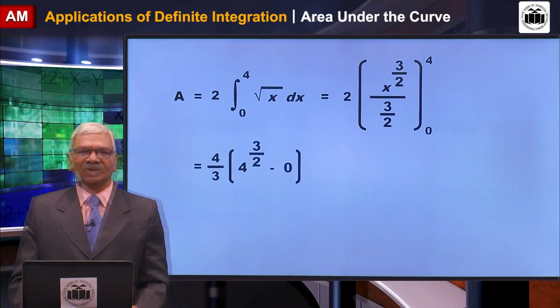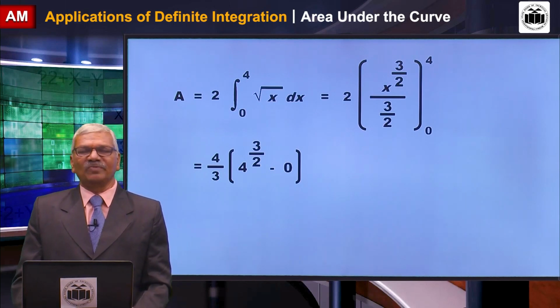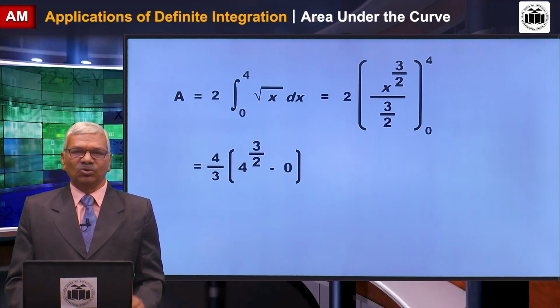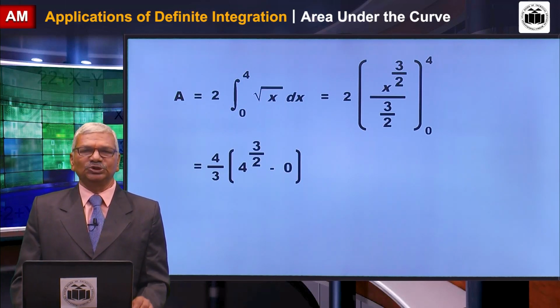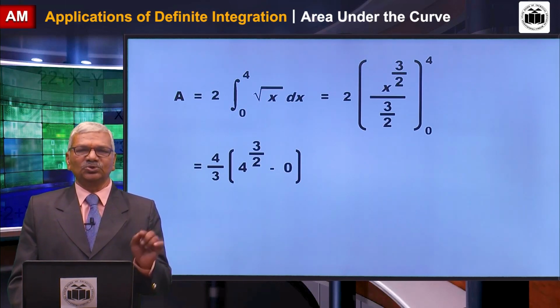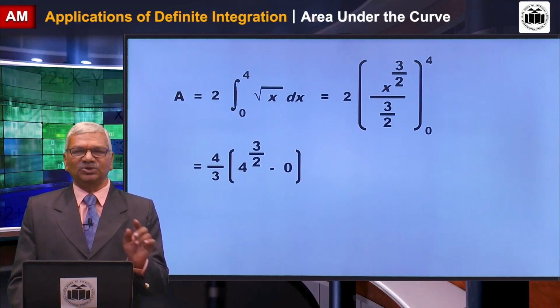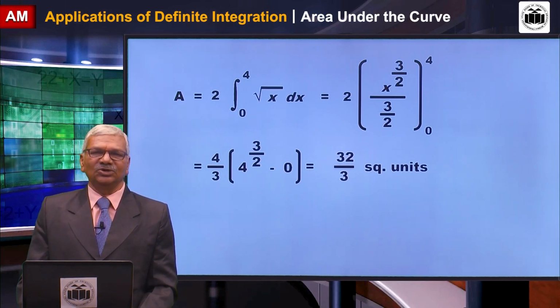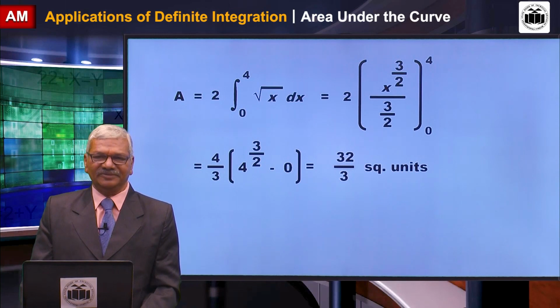Let us see. That is 4 by 3, 4 raised to 3 by 2 minus 0. 4 raised to 3 by 2, that is 2 squared raised to 3 by 2. 2 is getting cancelled, that is 2 raised to 3 is 8. So what will be the answer? That is 8 times 4 by 3, which is 32 by 3 square units, right?